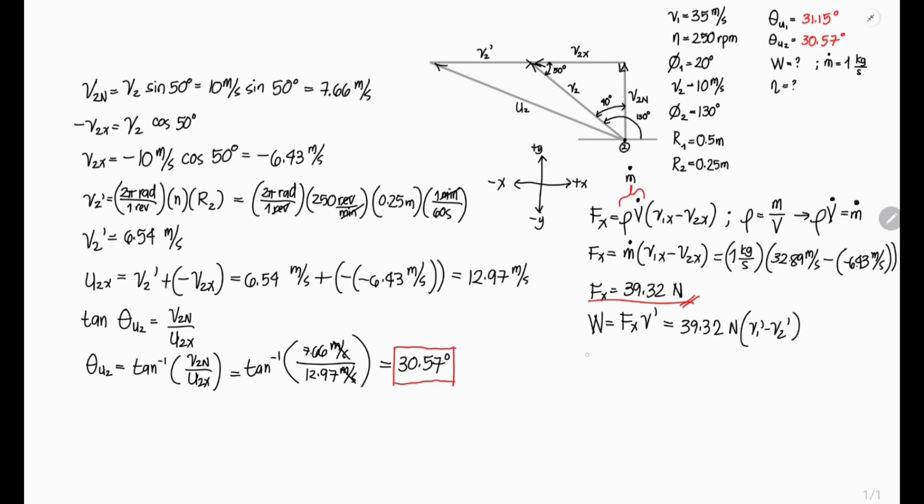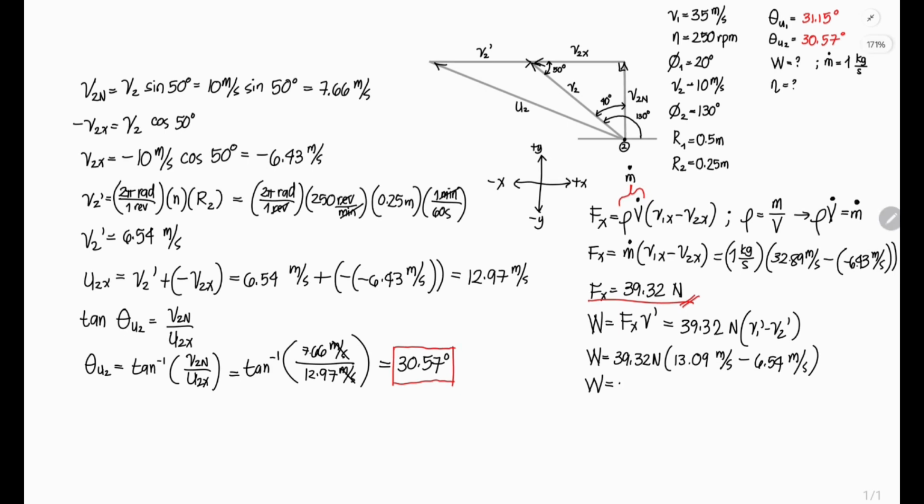So now to solve for our work, that is work is equal to 39.32 Newton multiplied to v1 prime, which is 13.09 meters per second minus v2 prime, which is 6.54 meters per second. The value of our work is 257.55 watts.